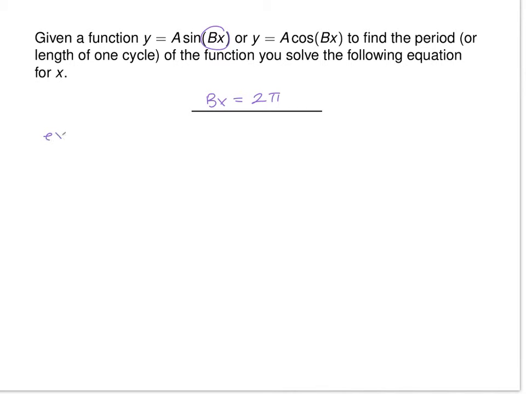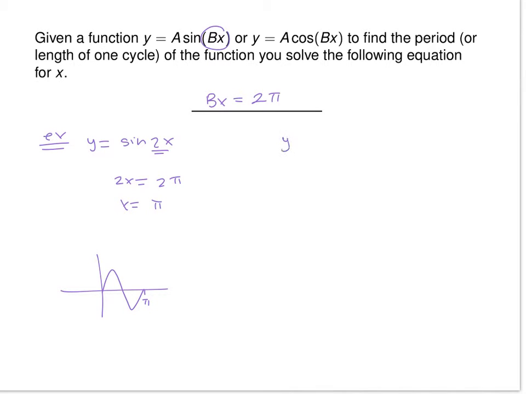For example, the first curve we had was sine of 2x. If I set 2x equal to 2 pi, whatever x it is tells me how long it'll take to finish a cycle. Solving for x, what do you get? x equals pi. And didn't our first cycle in that picture actually end at pi? It went like boop, boop, boop.